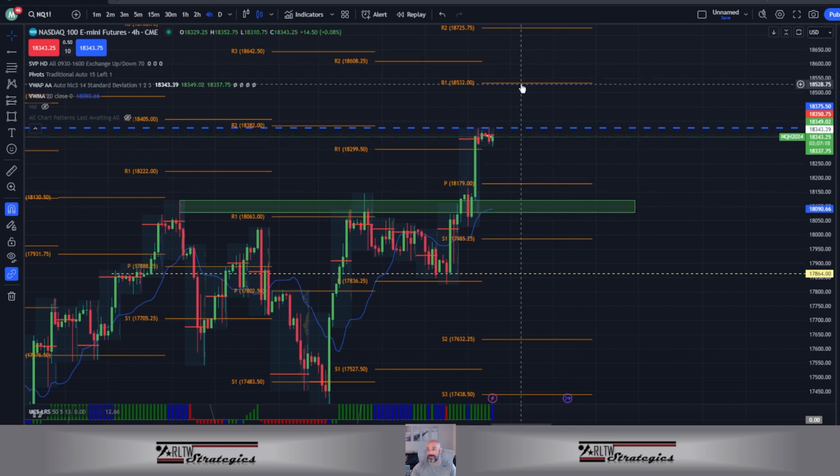50% area between the two pivot points. The bounce off the bottom of this box will be the 50% area between these two points. This area will be the 50% area between these two levels, the high and the last low, the morning low.